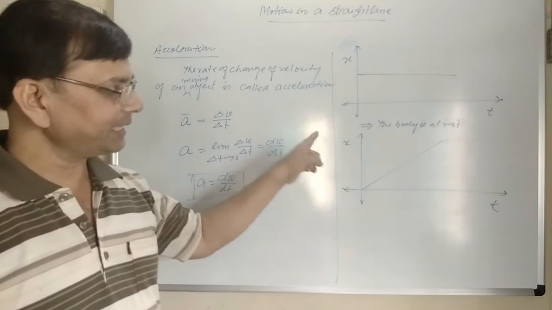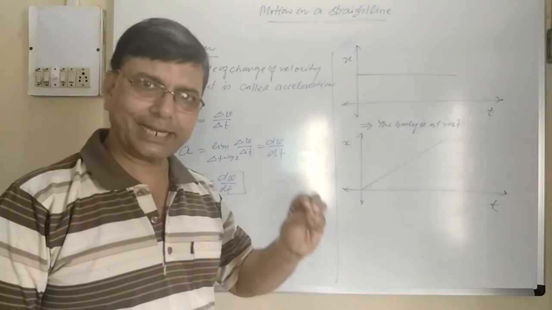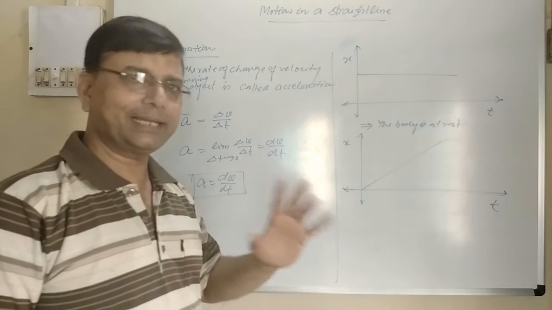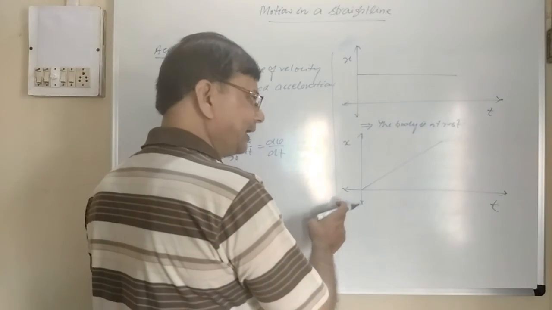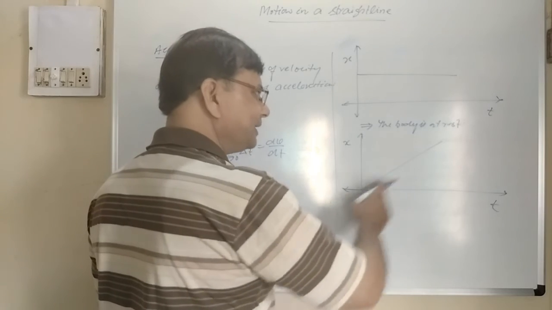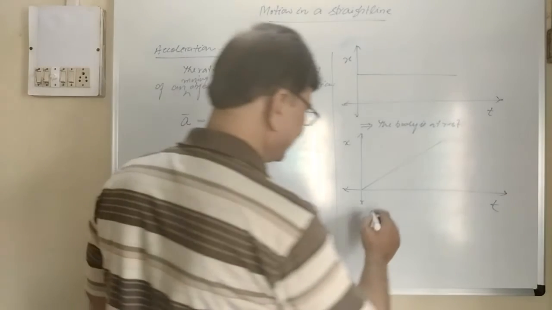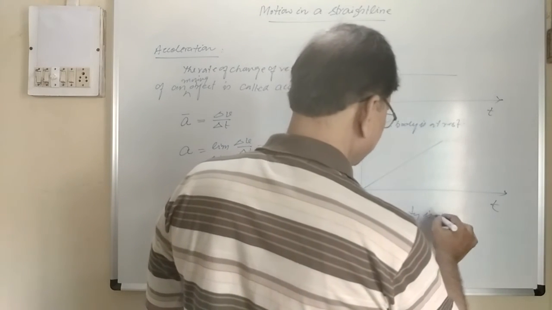And just before this we understood that the slope of the graph or tangent at any point tells the velocity at that point, meaning instantaneous velocity. Here, since it is a straight line and it is not parallel to t, it means the velocity is constant.